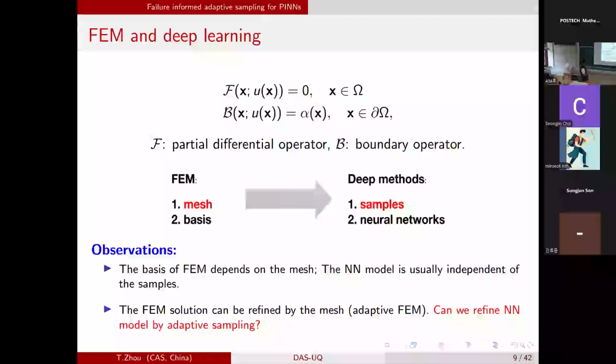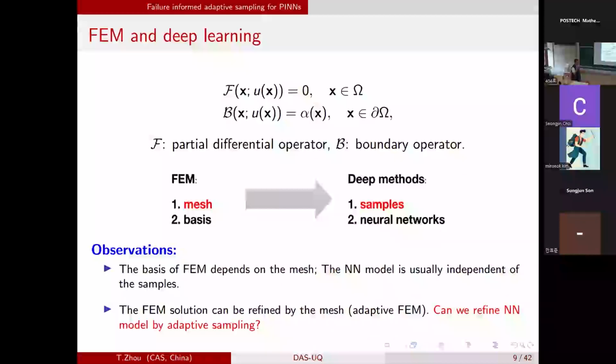Remember that in the finite element method, I think the biggest success is the development of the so-called adaptive finite element method, meaning that for PDEs with singular solutions or very complex solutions, you have to refine the mesh to develop adaptive finite element methods. Otherwise, you will not resolve the PDE solution.